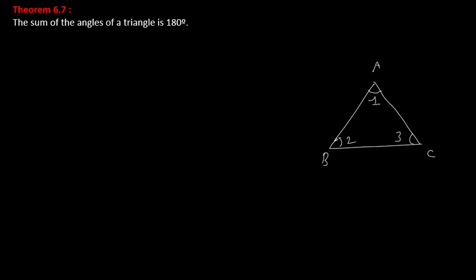We have to prove that angle 1 plus angle 2 plus angle 3 is equals to 180 degrees. So here what is given? Given is angle 1, angle 2 and angle 3.